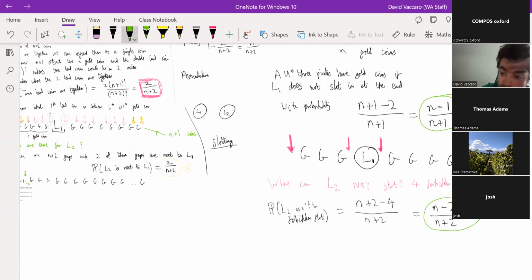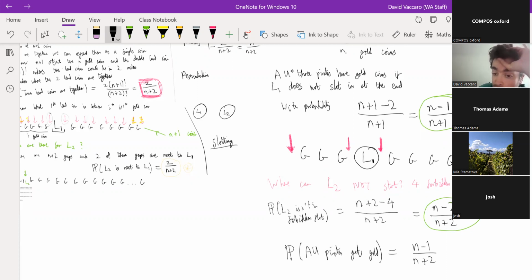And so what do we need to do to these probabilities to get the overall probability that every pirate gets some gold? We simply need to multiply them together. So we need that the first lead coin doesn't go at the beginning or end, so that it doesn't rob the first or the last pirate.